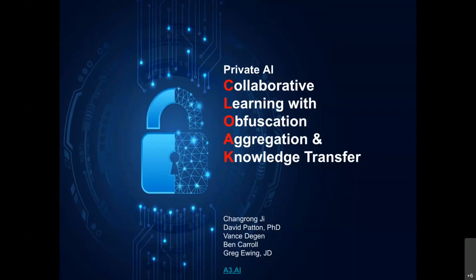Instead, we're going to use some advanced techniques in collaborative machine learning using obfuscation, aggregation, and knowledge transfer to train the model. First train the model using the private data, then use the model as a teacher ensemble to train a student machine learning model, and then release that student model to the public for use.